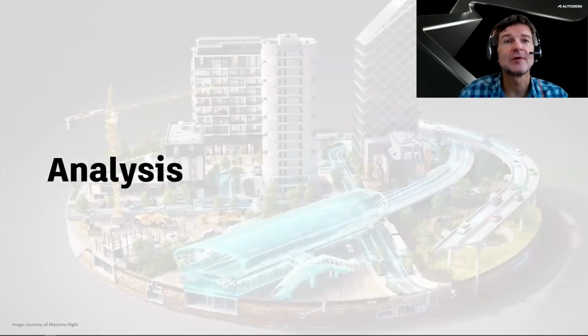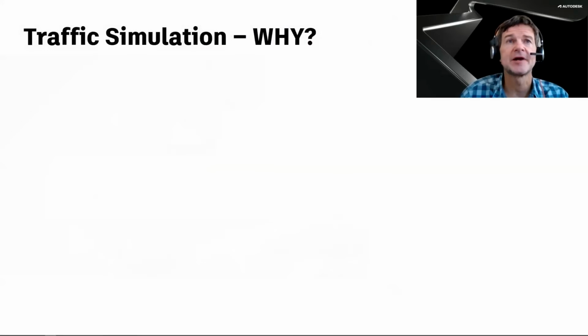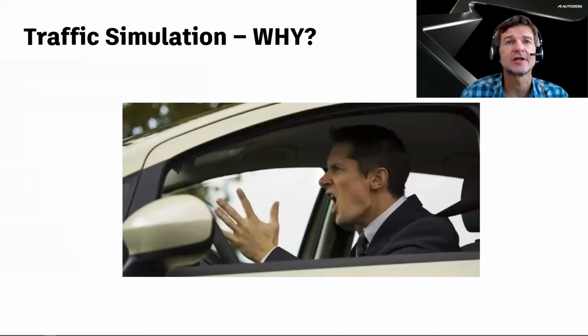And I was talking about some analysis, some predictability, because I want to talk about traffic simulation. In fact, if we are talking about road rehabilitation, you have to close the road. And then, of course, some people might get angry because they have to wait in long queues.